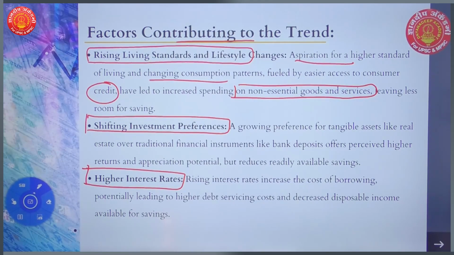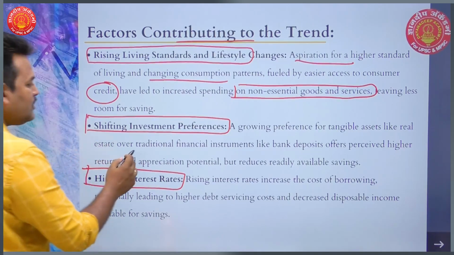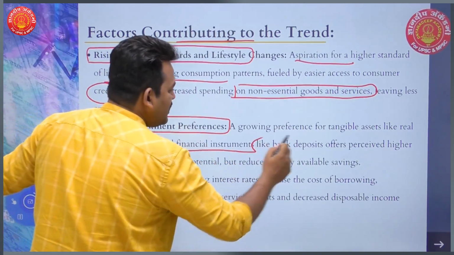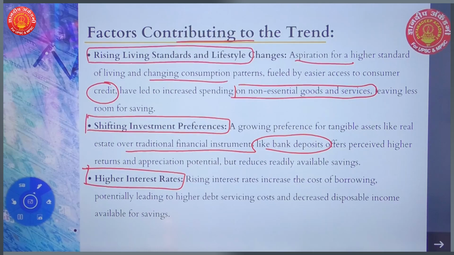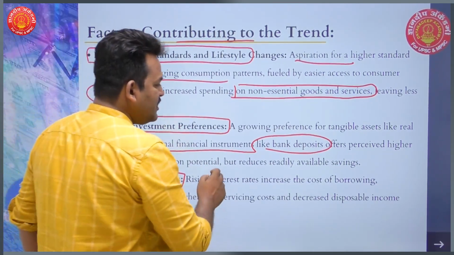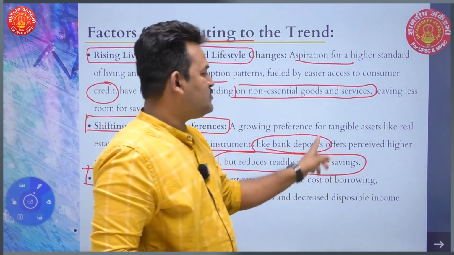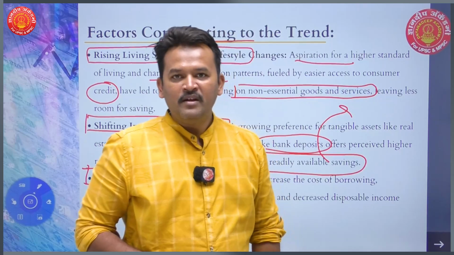Second thing, shift in investment preference: a growing preference for tangible assets like real estate over traditional financial instruments like bank deposits offers perceived higher returns and appreciation potential, but it reduces the readily available savings. And this will give rise to another big problem, right?